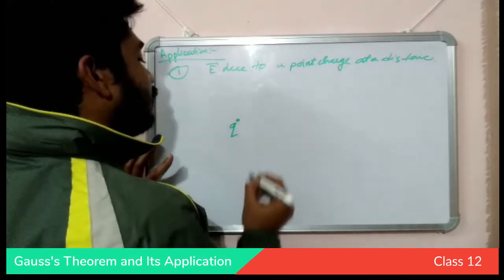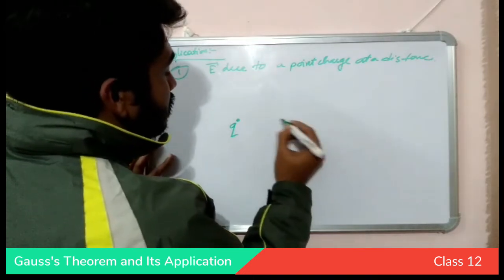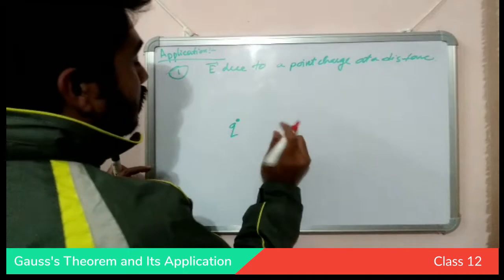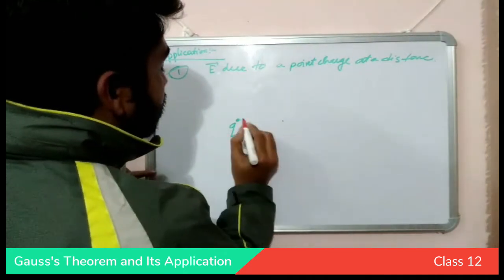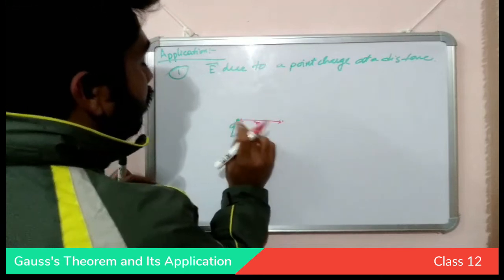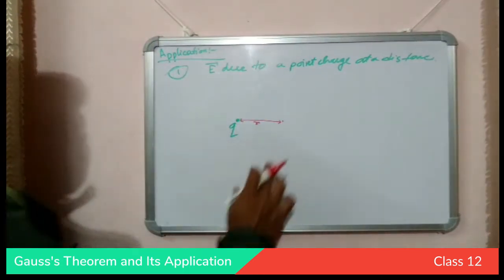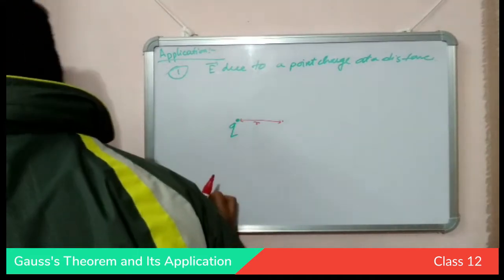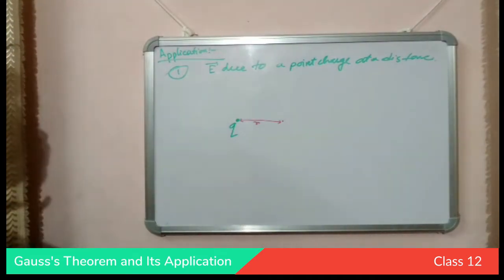Suppose this is q and the distance, suppose at r distance from this q, is our test position. So at first, what will we do?